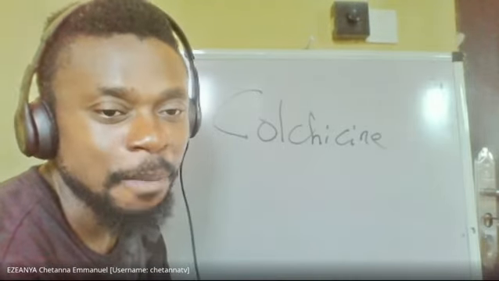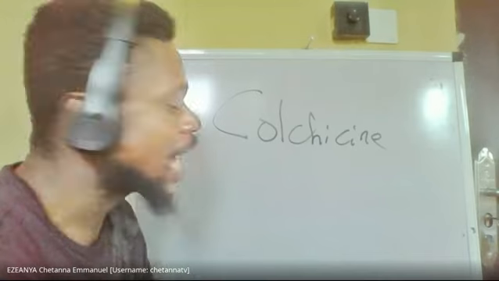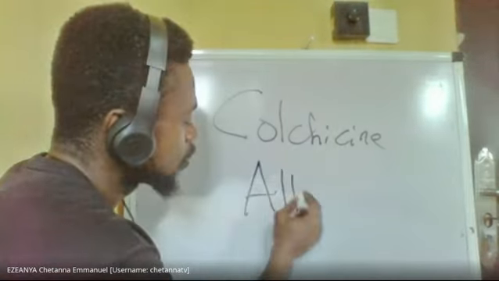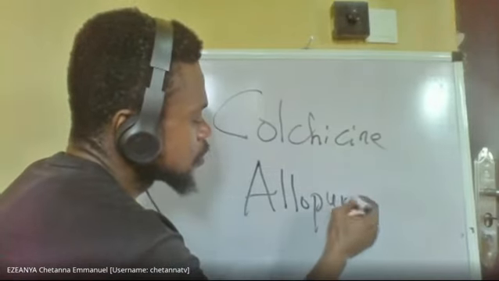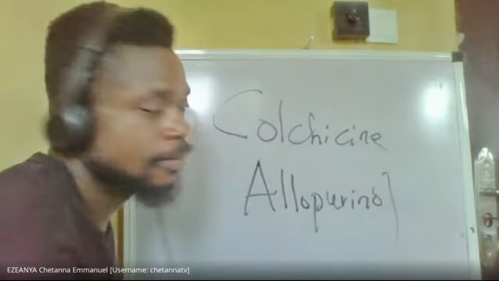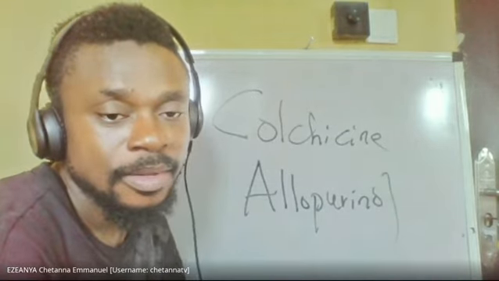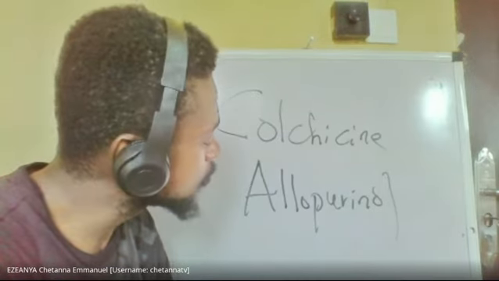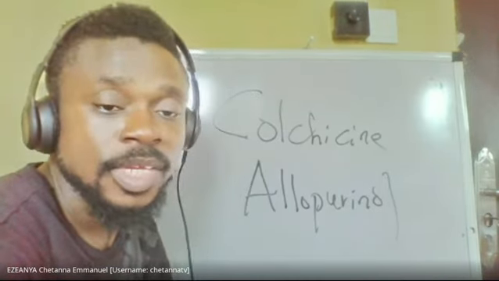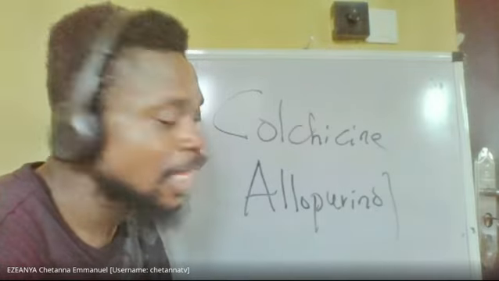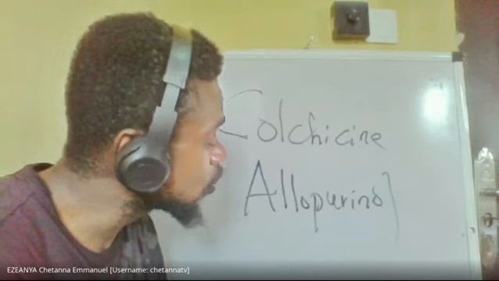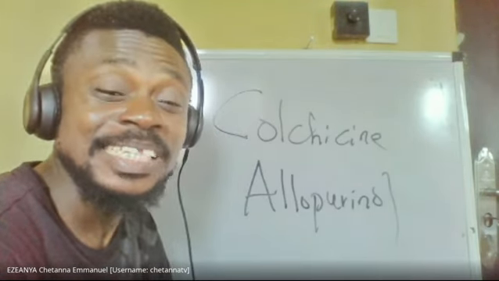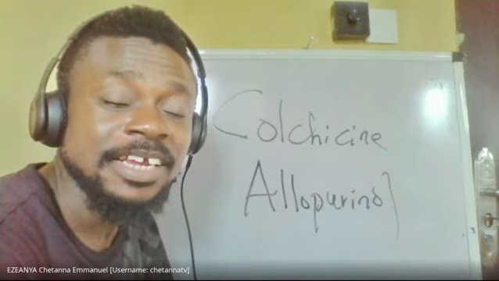Some mentioned it before. Allopurinol. What this one does is that it inhibits xanthine oxidase.